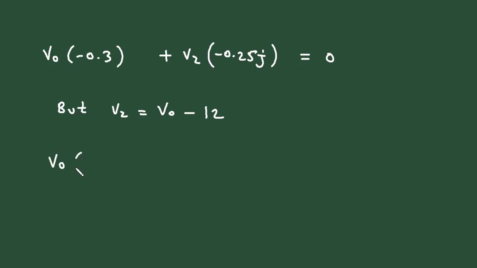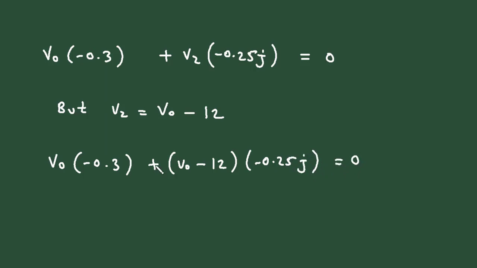So it will be VO in bracket minus 0.3, then plus V2. Now in place of V2 we are substituting VO minus 12, so minus 0.3 plus VO minus 12 in bracket minus 0.25j is equal to 0.